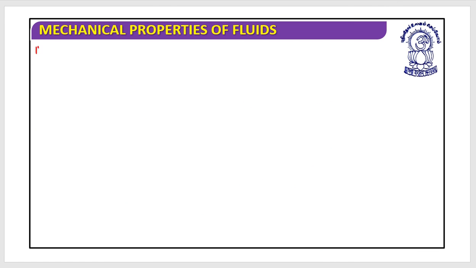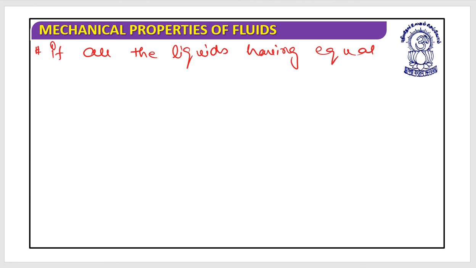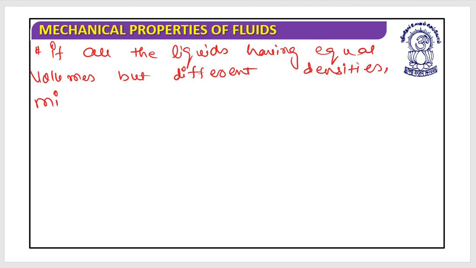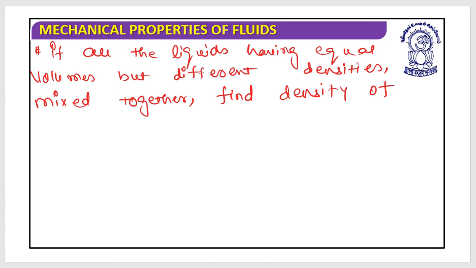Now let's understand its special cases. If all the liquids having equal volumes but different densities are mixed together, find the density of the mixture.